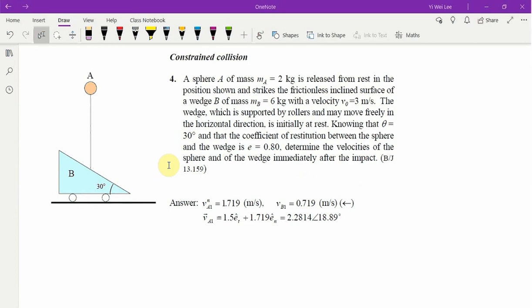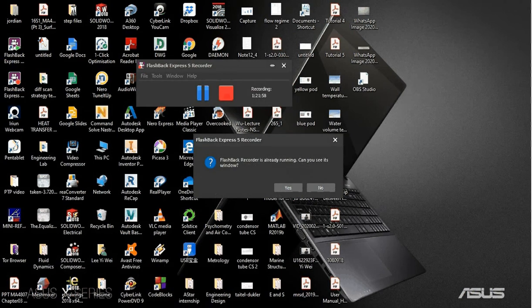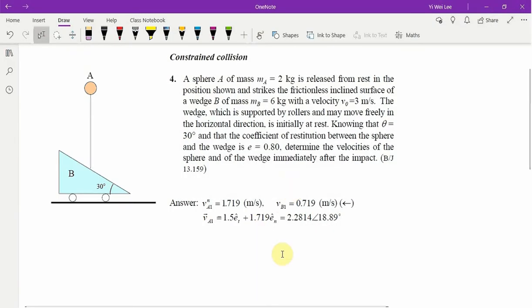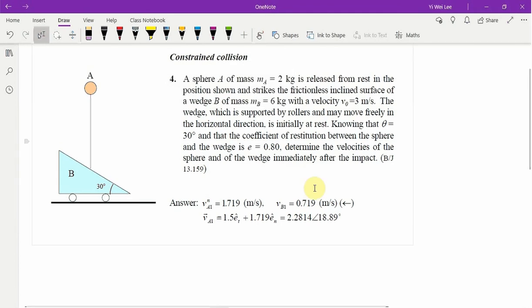So how do we solve this question here? To solve this, the one thing we need to know is that it's also a collision question.